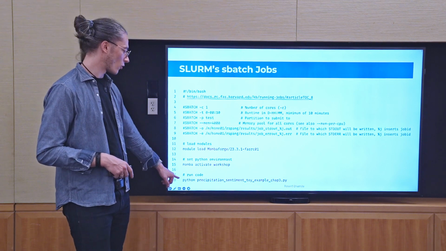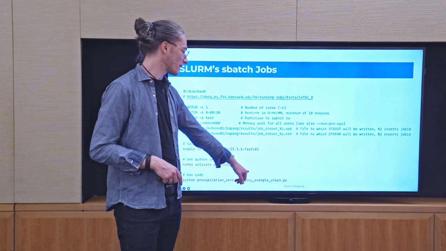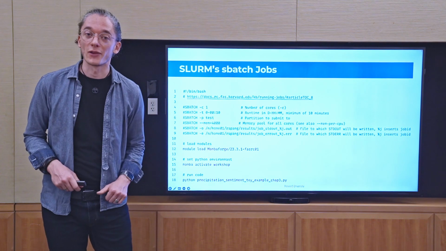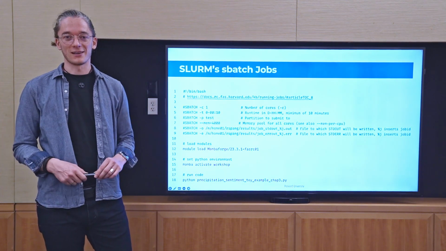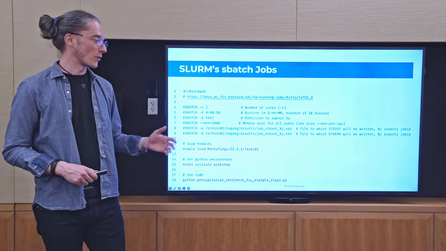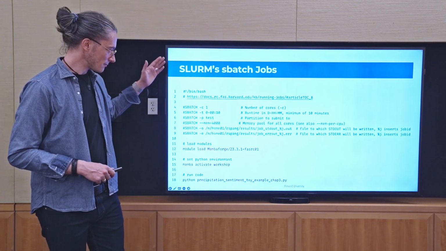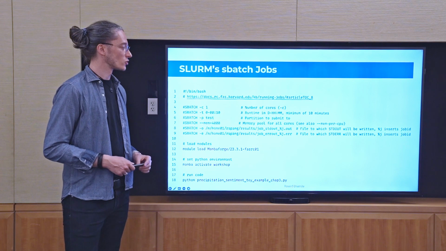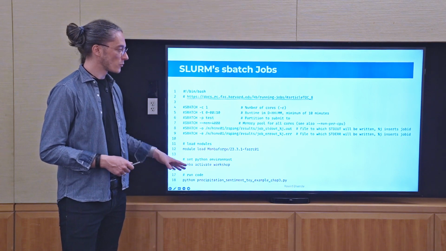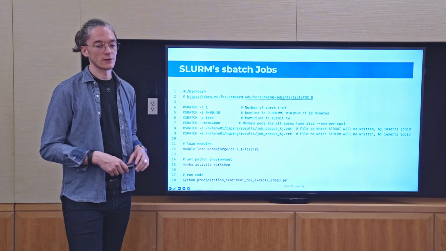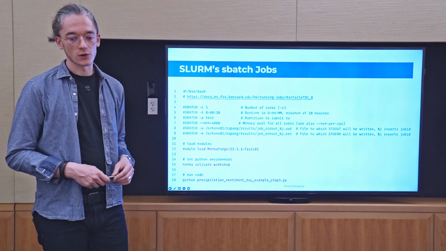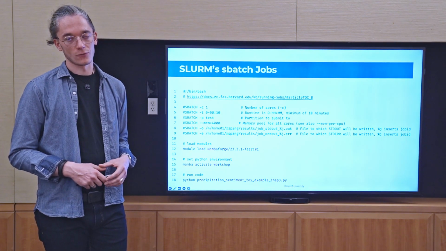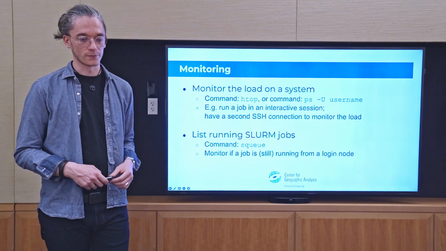So here in my case, I called it precipitation sentiment toy example chapter 3, because that's the file that you find in the chapter 3 folder of the repository of this course. This is an example, a working example of a Slurm sbatch job. And once you put that into your folder, you can then just call Slurm and ask it to run this remotely on a compute node.